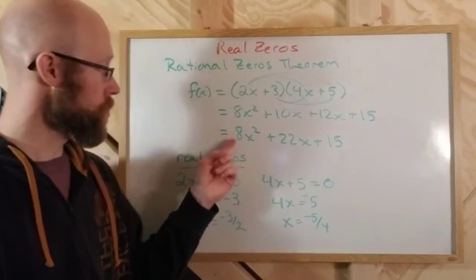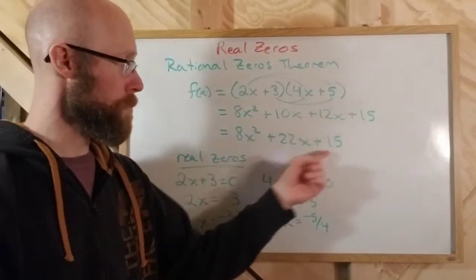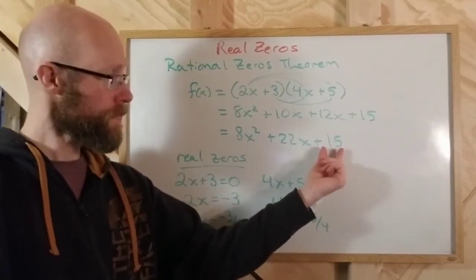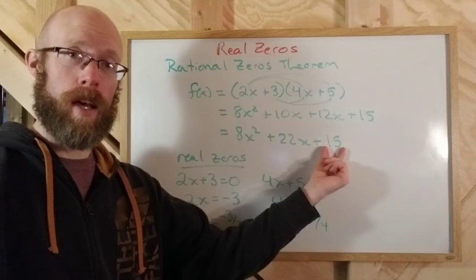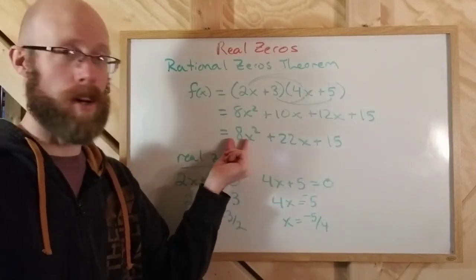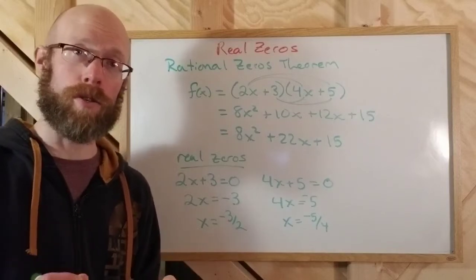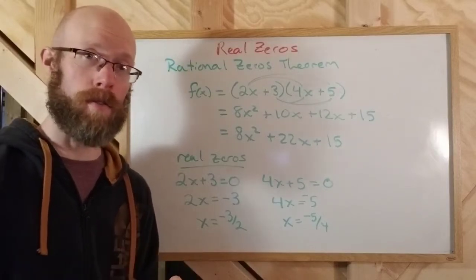So if you look at the standard form of a polynomial, and take all the factors of the constant and divide them by factors of the leading coefficient, you'll get a list of numbers that will include every rational zero.